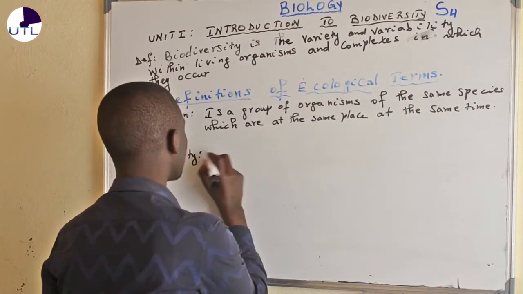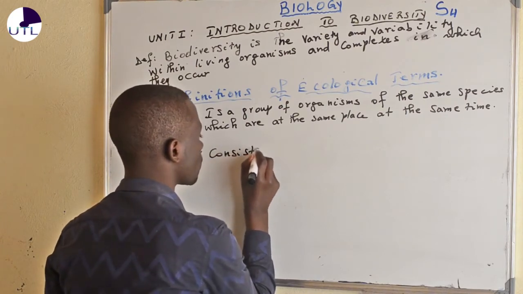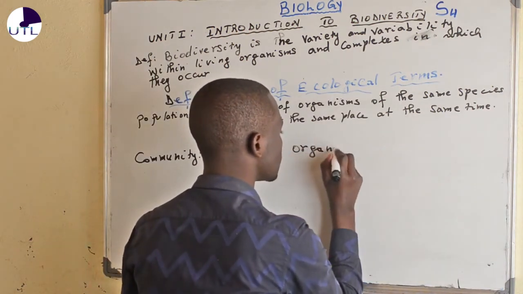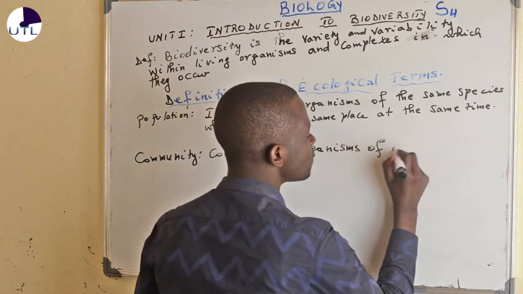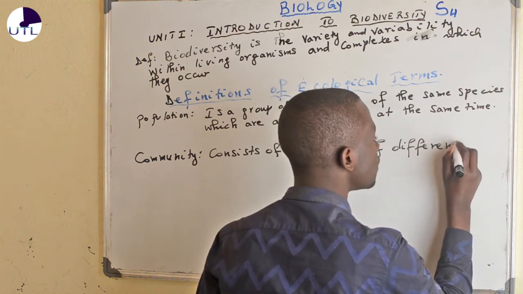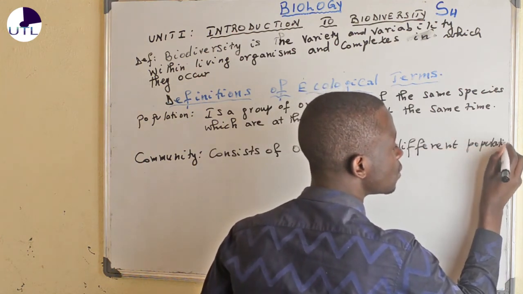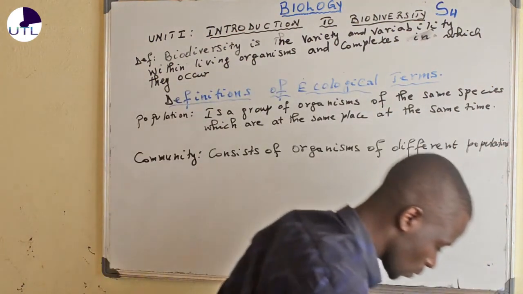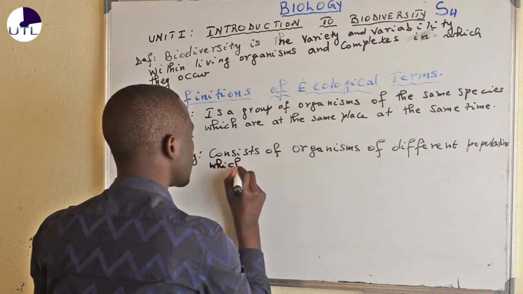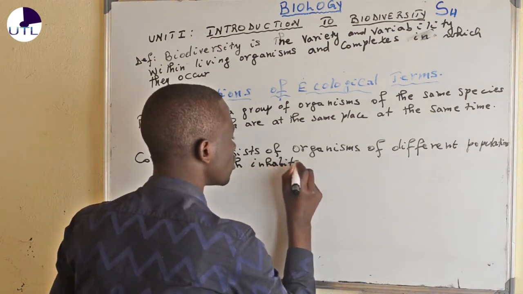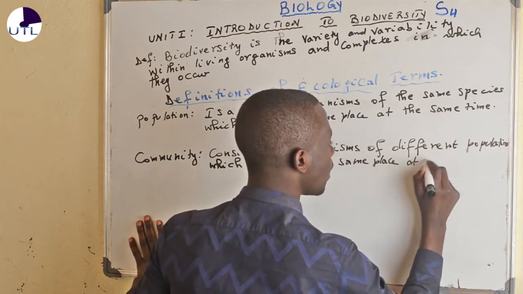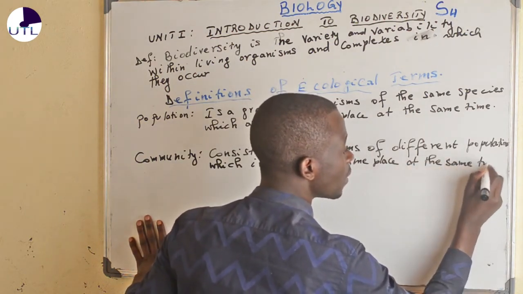Community consists of organisms of different species from different populations which inhabit the same place at the same time.